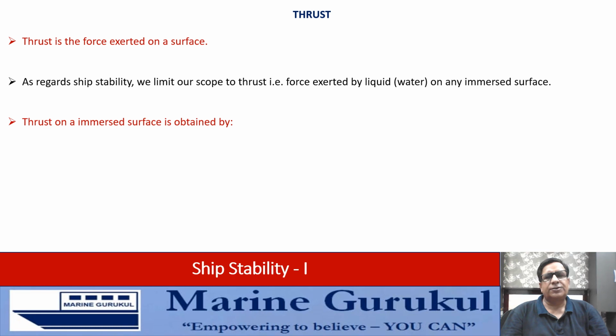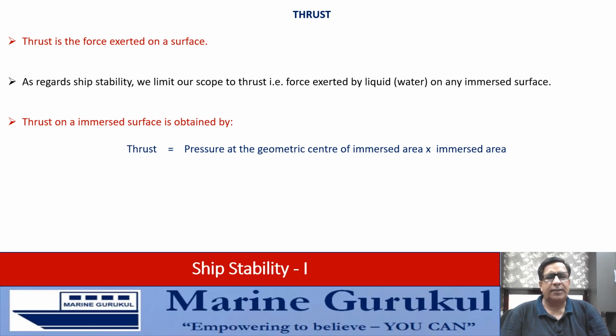Thrust on the immersed surface shall be sum total of pressure experienced all over the surface and is obtained by the product of pressure at the geometric center of the immersed area multiplied by the immersed area, and that shall give us the thrust. We have just done the pressure before this.